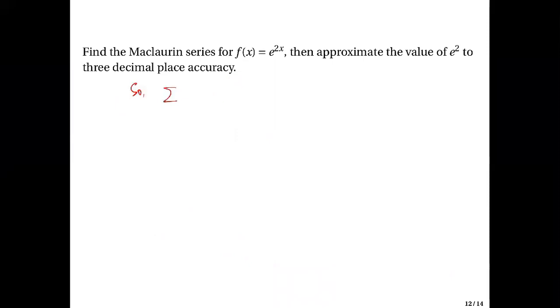So the sum of 2 to the n over n factorial, from 0 to 7, is approximately equal to e squared with 3 decimal place accuracy. So this is now the answer.